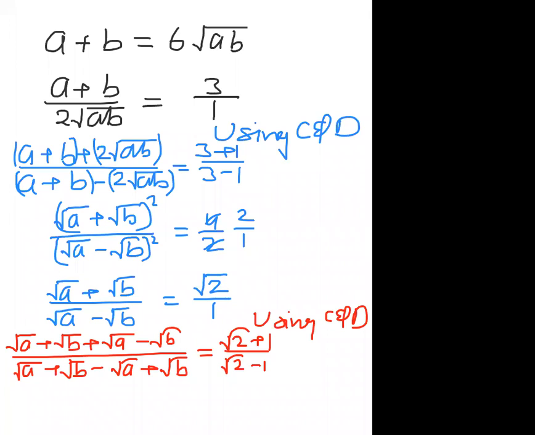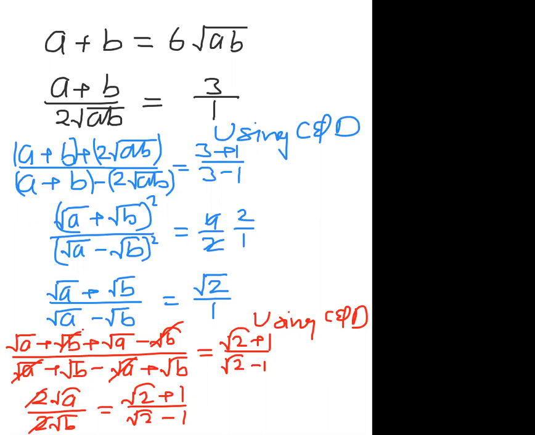So what we find: square root of B cancels, square root of A cancels. 2 root A upon 2 root B equals root 2 plus 1 upon root 2 minus 1. 2 and 2 will get cancelled. Going to the next slide.